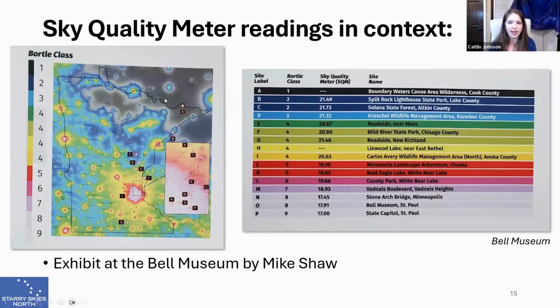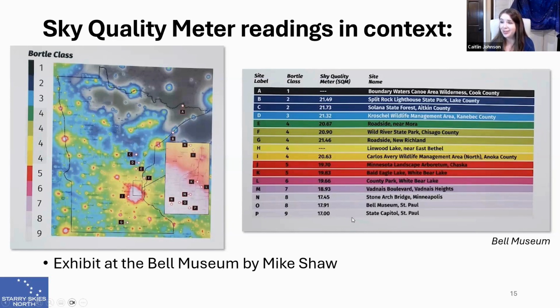So the numbers that you'll get will range anywhere from, oh gosh, like 10 to 23. Maybe not 10, but you can see here at some of these darker sites, the black and the dark blue, a number of 21.49. And then all the way down to 17.0 at the state capitol, so downtown St. Paul.